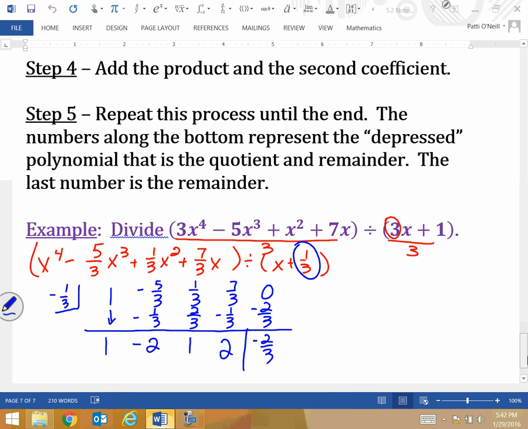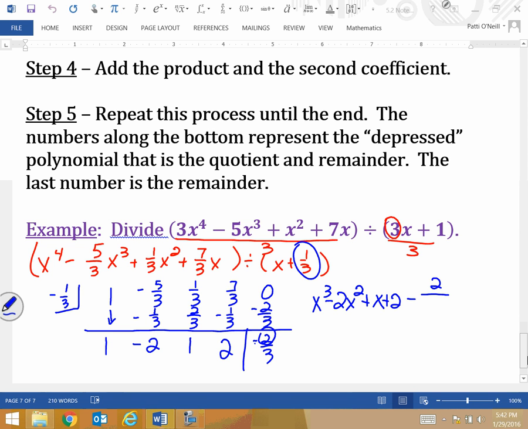And I'm going to say that my quotient is the depressed polynomial x cubed, because it's 1x, minus 2x squared plus x plus 2, minus now our remainder. This is going to become 2 over, so that's this 2 right here.